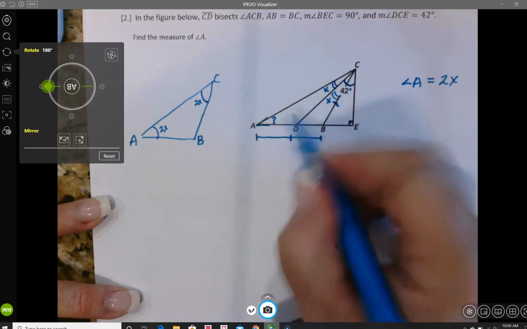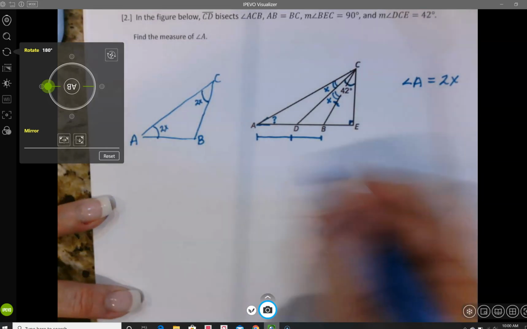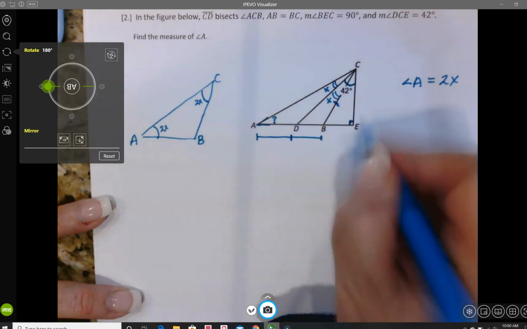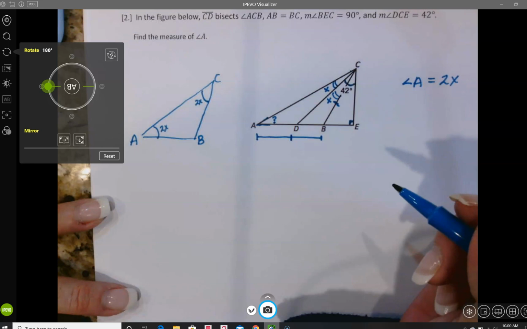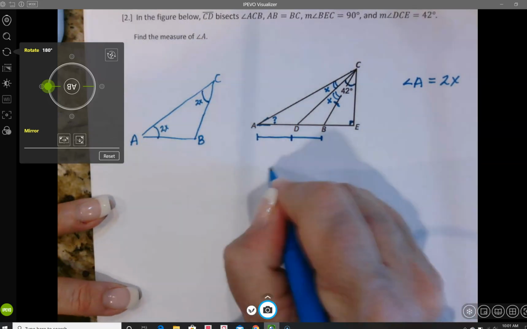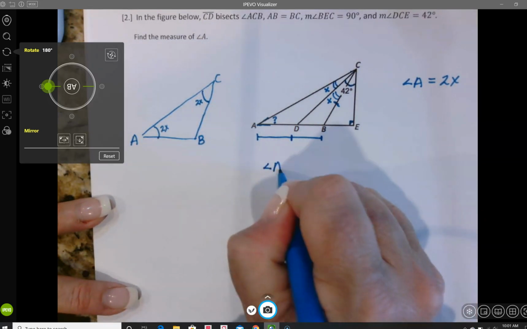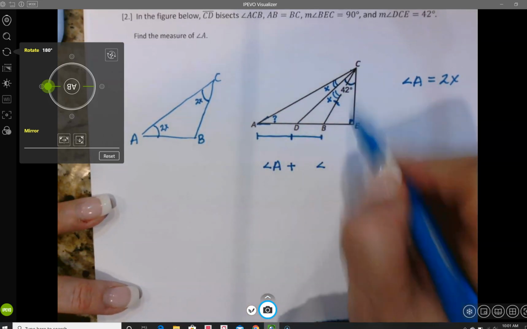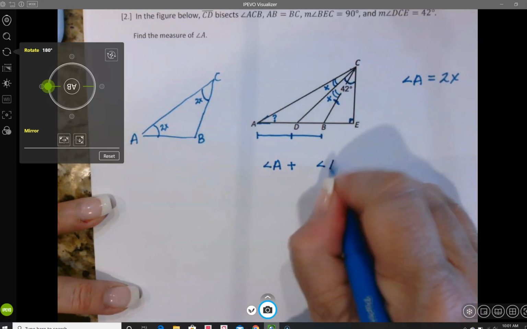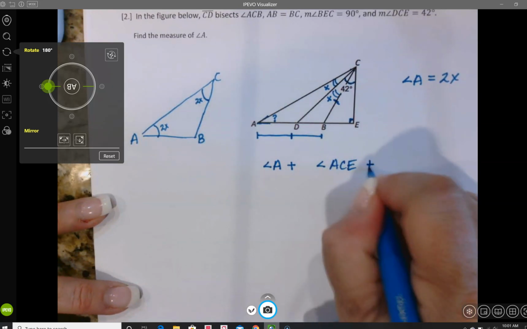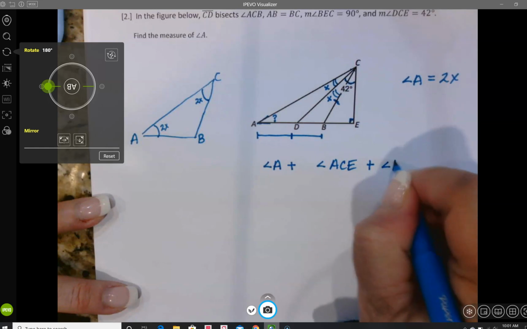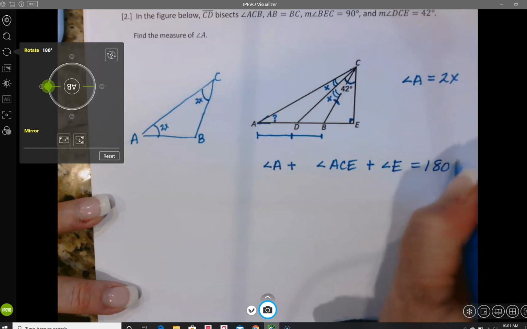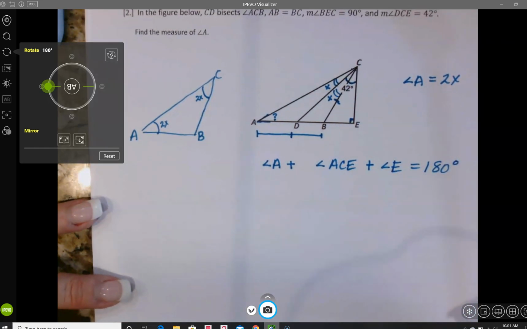Now I'm going to look at triangle ACE, and I know that the three angles of a triangle always have to add up to 180 degrees. So basically, angle A plus angle ACE, that's this big one at the top, plus angle E, all three of those equal 180 degrees. Now I'm going to substitute any information that I know.